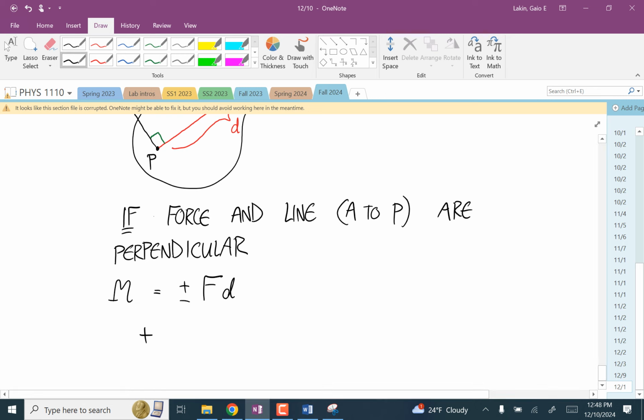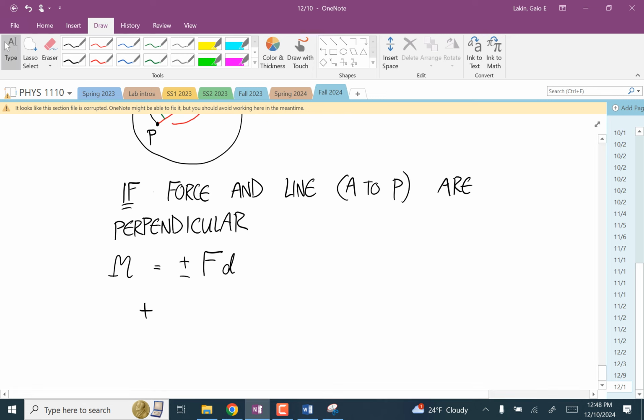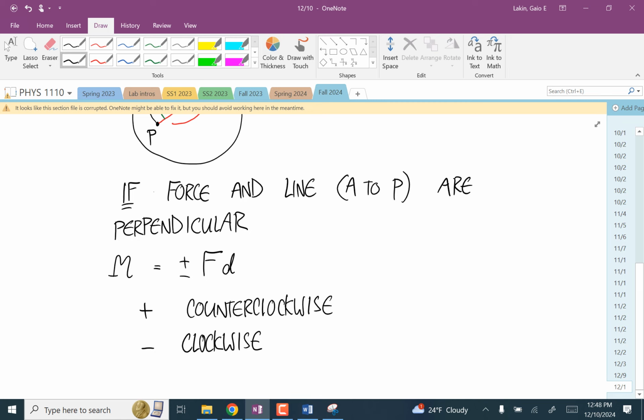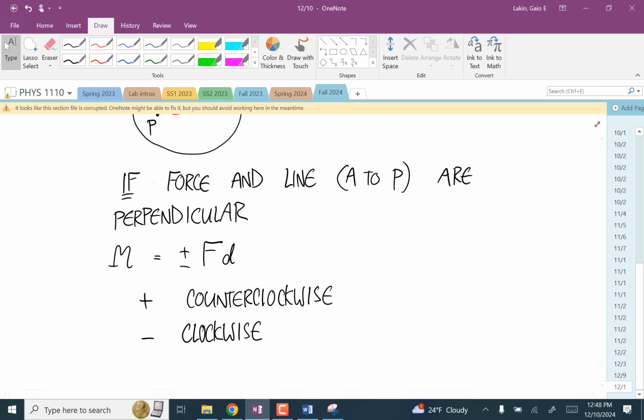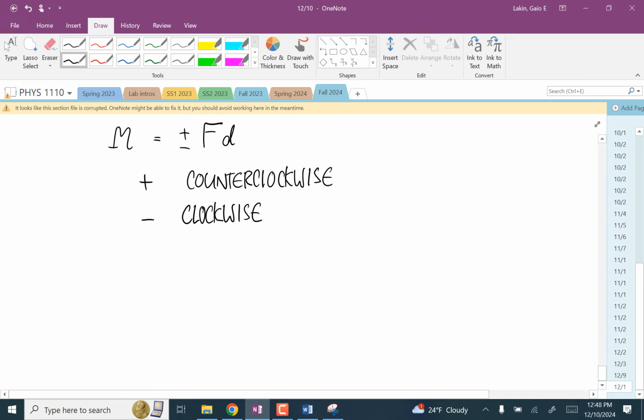It's positive if that force would make this rotate counterclockwise around the hinge, and it's negative if that force would make it rotate clockwise around the hinge. Any questions about that? You said if you make the d bigger, displacement? Yeah, that's just what I'm about to talk about.